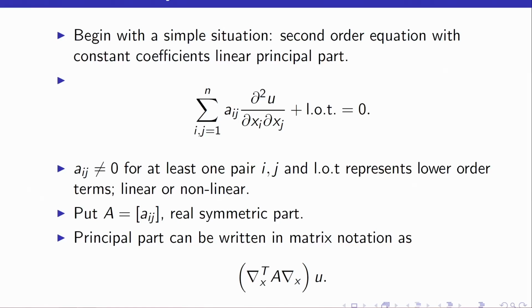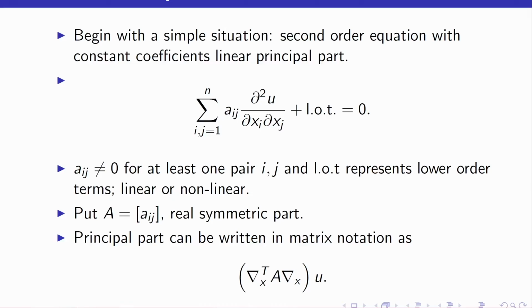The x signifies we are differentiating with respect to the x variable. So we are considering the equation in some open set in R^n, and we denote the points in that open set by x, because then we are going to change the variable x to some other thing.